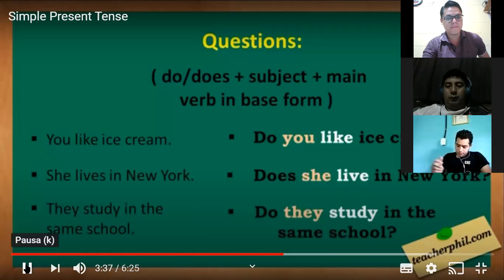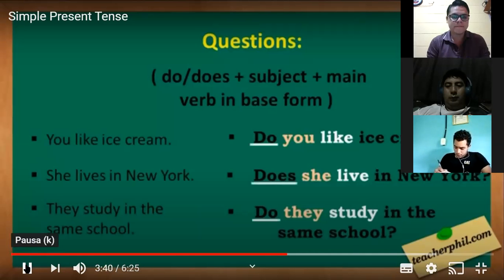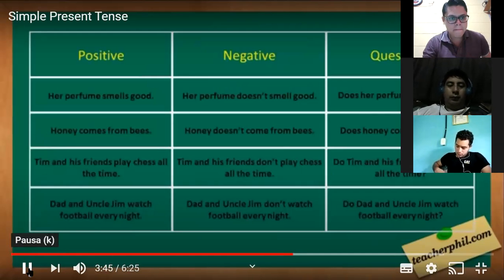Remember that in making questions, do and does should come first. Try to compare the differences between the structures of these simple present sentences. We have here the positive and negative statements and the questions. Look at this chart: positive, negative, and questions. Positive: her perfume smells good. Remember, you add the letter S to the verb because perfume is it.